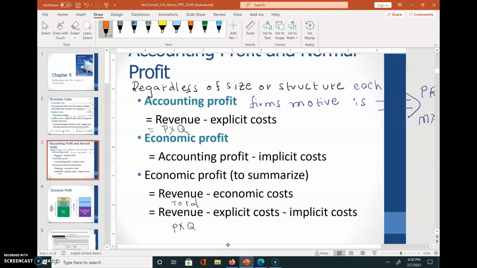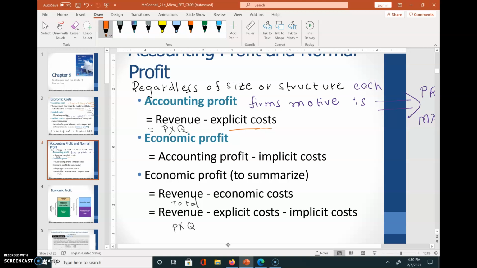We can look at accounting profit and we can look at economic profit. So accounting profit is total revenue minus explicit costs. Revenue is price times quantity. From that, we just take off these out-of-pocket expenses.